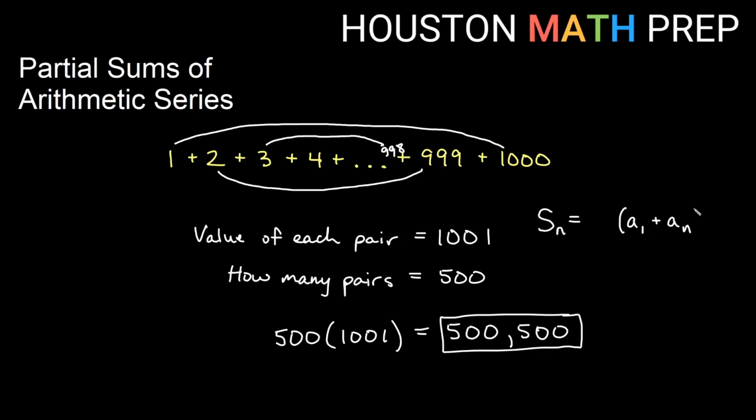That's the value of each pair. That's the 1,001 part. And then how many pairs we had was just how many terms we had, cut in half, right, to make it pairs. So that's really the number of terms we have, divided by 2. So this says that the sum of the first n terms is the number of pairs times the value of each pair, and that's what this expression says.